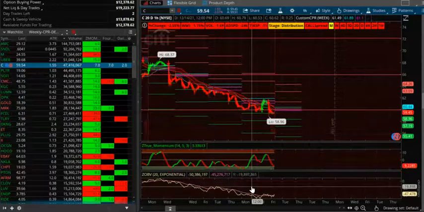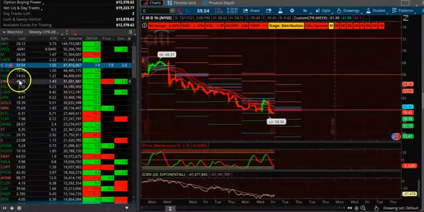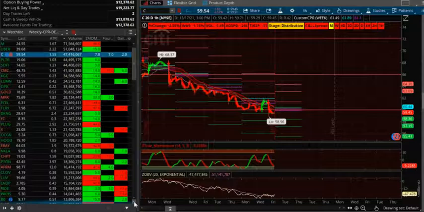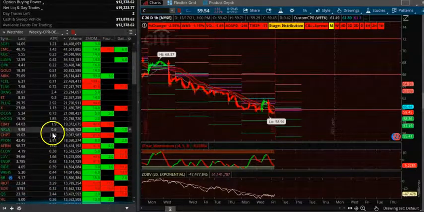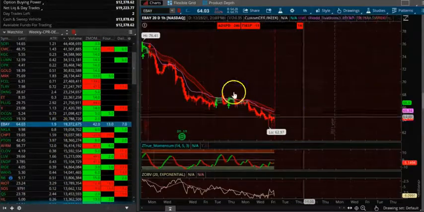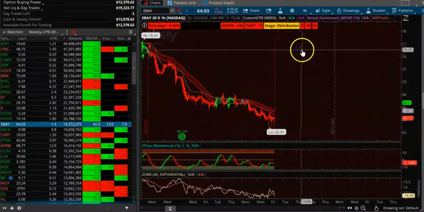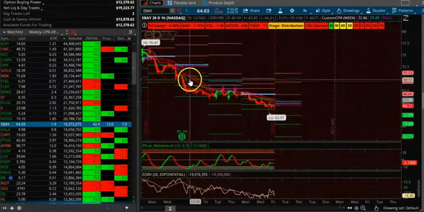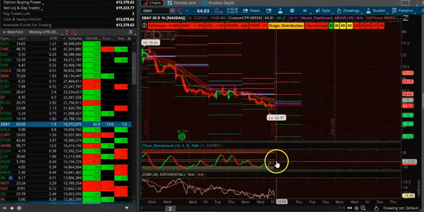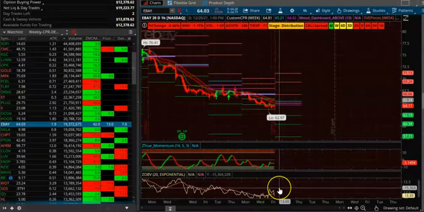Let's go down again. Next is eBay. eBay also has a good setup, all negative. CPR coming down, trend is negative, on balance volume is negative.